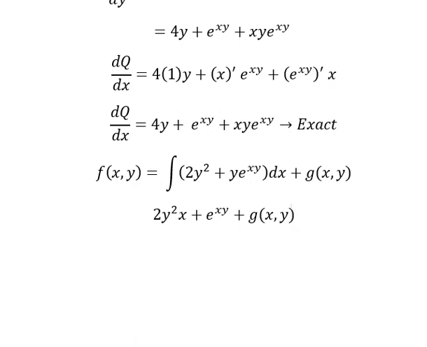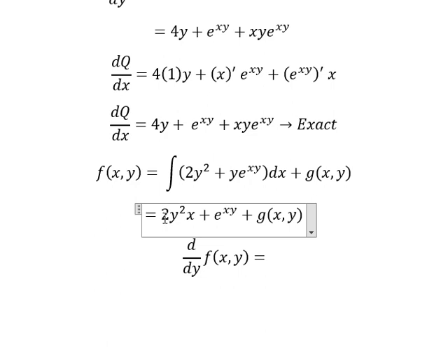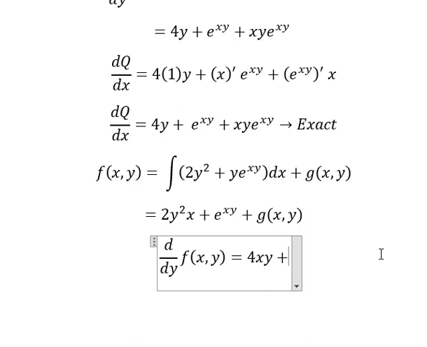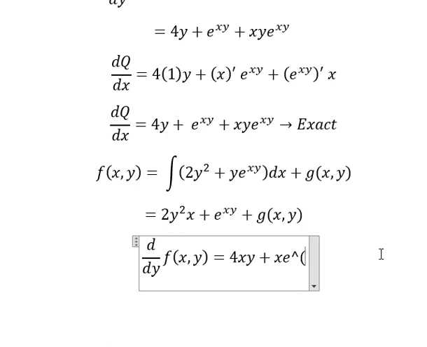Now we need to do first the derivative of f with respect to y for the both sides. So this one we have 2y, so we have number 2 and number 2y, and that is about 4xy. This one we have s e to the power of sy.